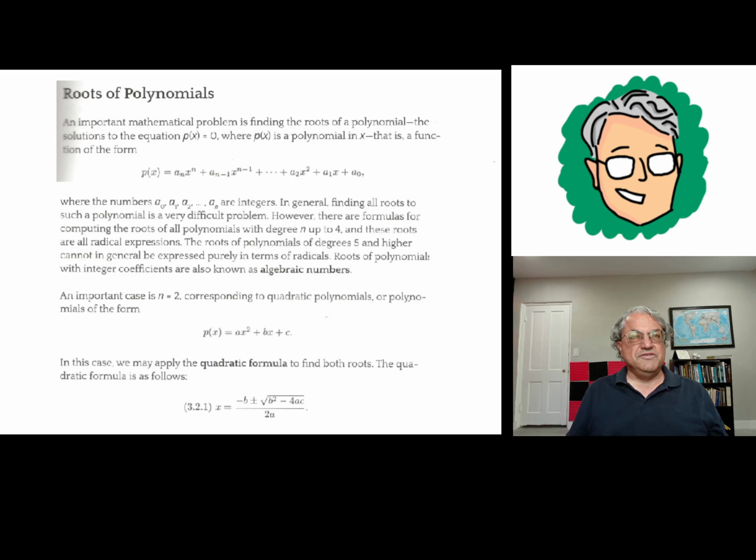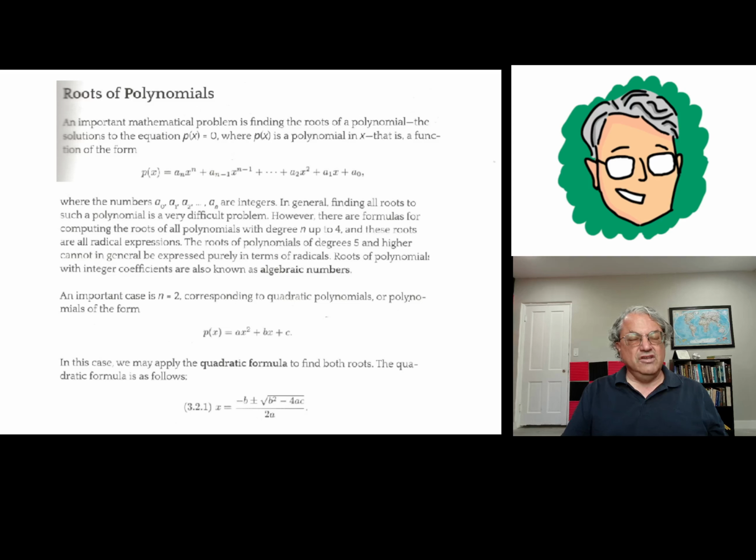I think I talked about this yesterday. For a couple hundred years, there were a lot of mathematicians trying to figure out how to solve the quintic, how to solve degree 5 or higher. And I think they mostly concentrated on degree 5 because that would seem to be the simplest case.